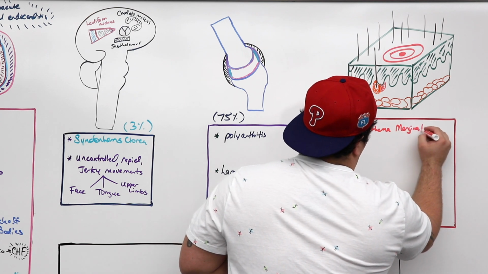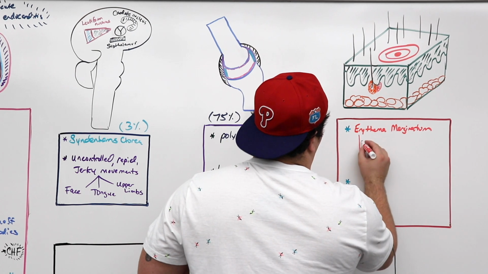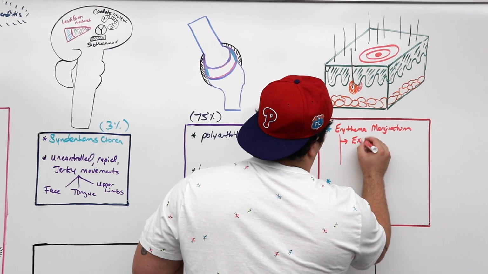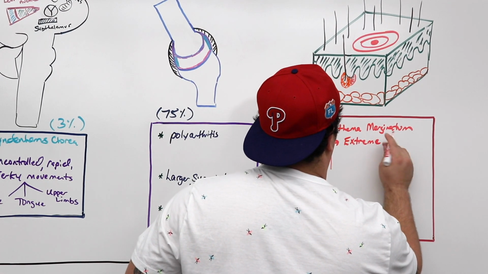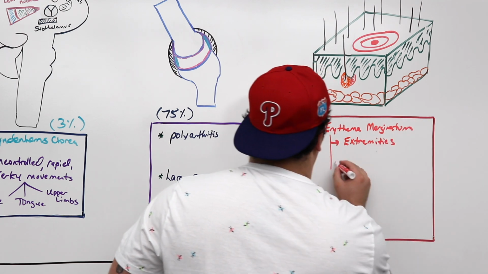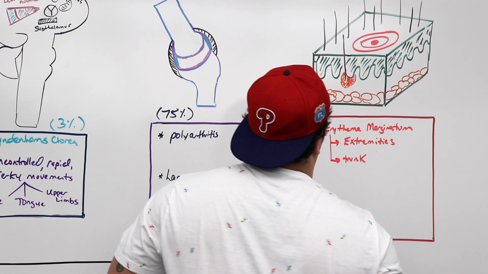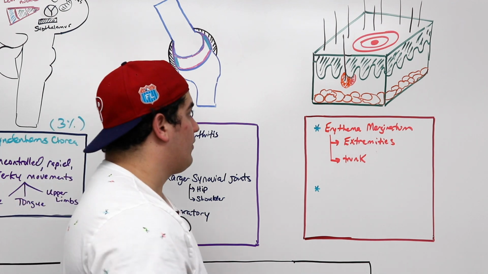And this can appear on the skin, so it's a skin lesion, and it particularly occurs on the extremities, so upper and lower extremities, and it can appear on the trunk of the body. Okay, so the trunk of the body and then the upper and lower extremities.